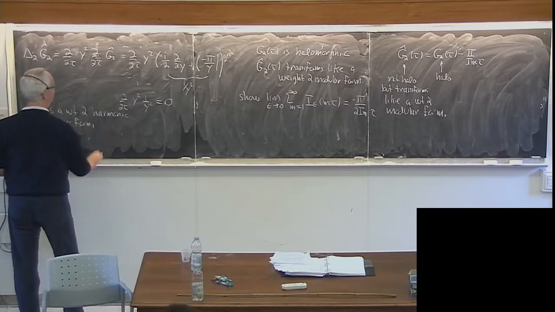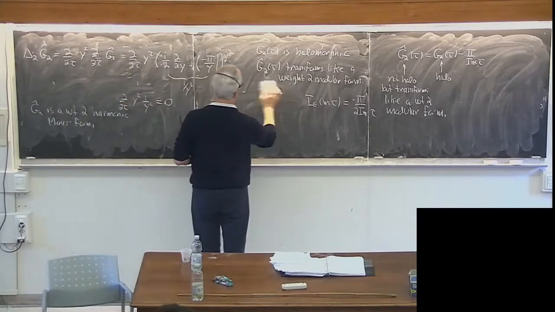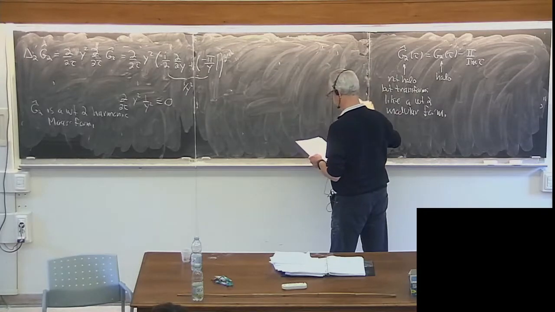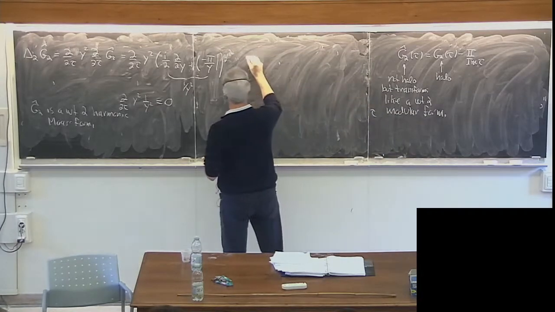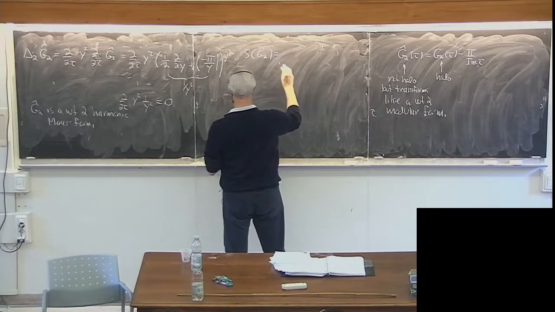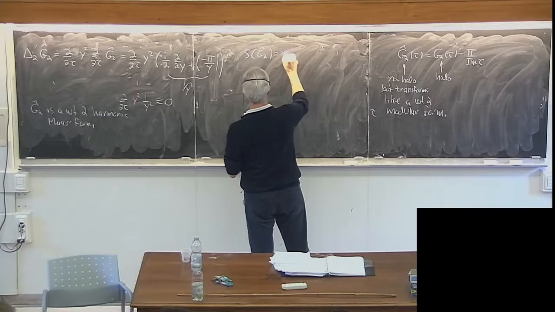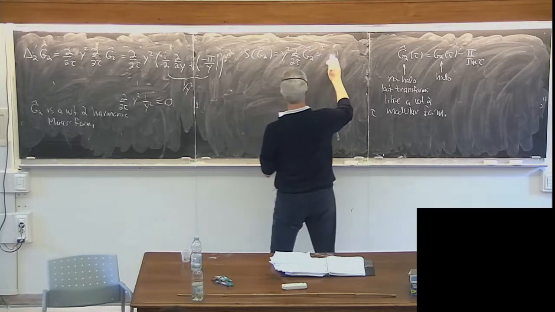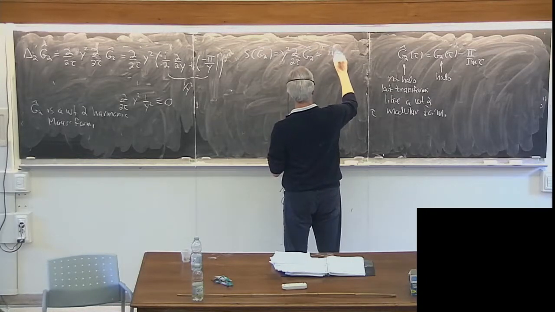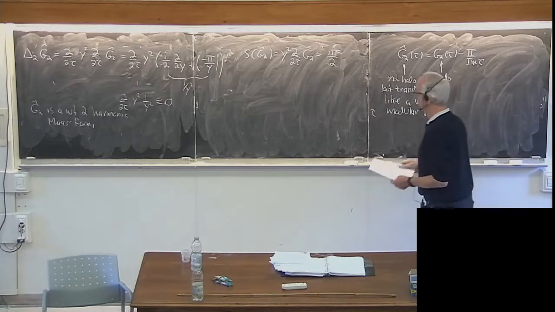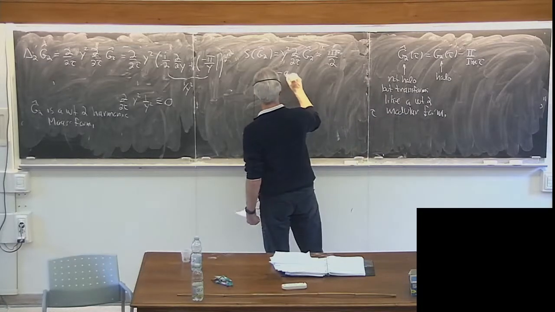And the shadow of G2 hat is y squared d by d tau bar of G2 hat, but that's just equal to i pi over 2 if you carry out the differentiation. And it's a constant.